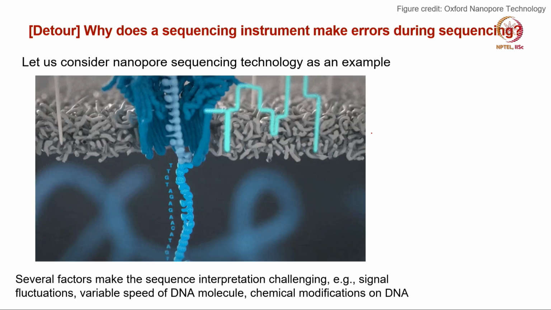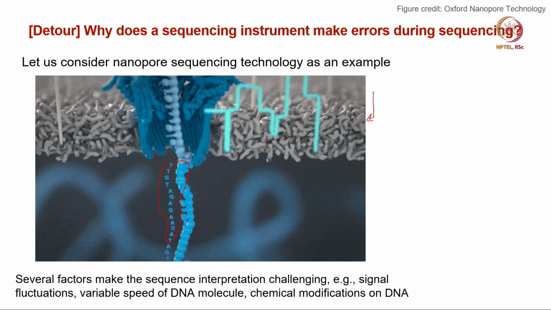Now, because we have to infer the DNA sequence from these electric signals, several factors can make the sequence interpretation challenging. For example, there can be signal fluctuations in practice. The speed of the DNA molecule passing through the pore can vary, and there can be chemical modifications on the DNA molecule which can also affect the electric signals.